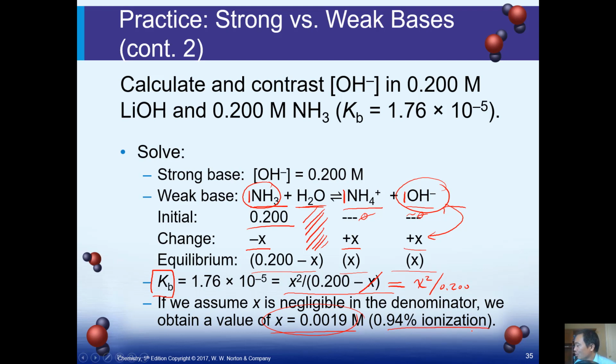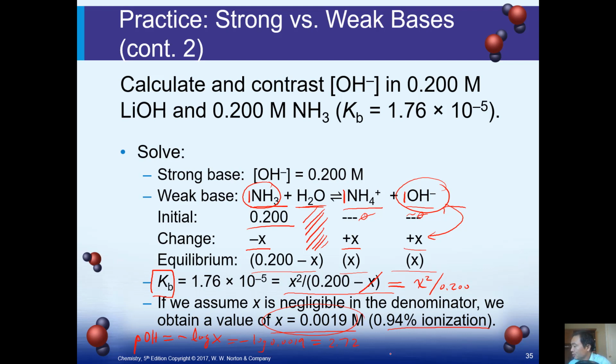You can also do the pOH calculation, right? So pOH, remember here for base ionization, x is the hydroxide concentration. So it's negative log x over here. That would be a negative log 0.0019. Okay, this is 2.72.